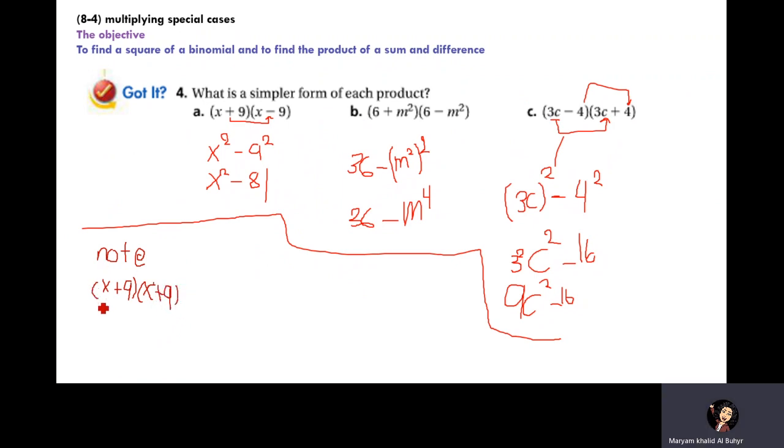Since these are exactly the same, with the same sign, that will be x plus 9, all this to the power 2. So I'm going to return back to my first case, which is my first property. That will be x to the power 2, the last one to the power 2, plus 2 times first times second.